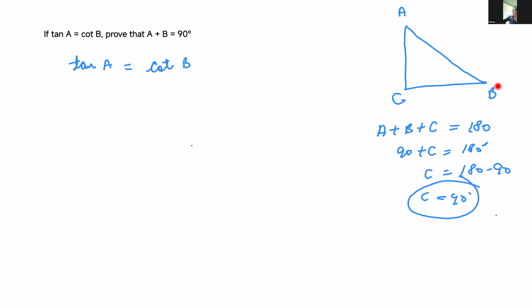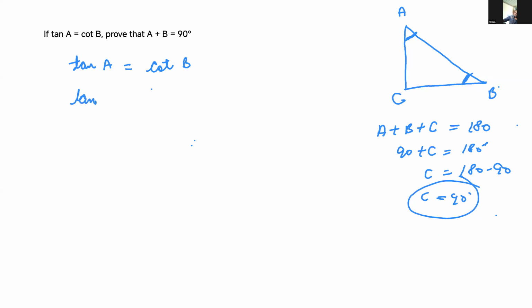Now, we have these two angles, A and B. Only two angles we solved, A and B. So can I write B as 90 minus A? How? I will explain it like this.